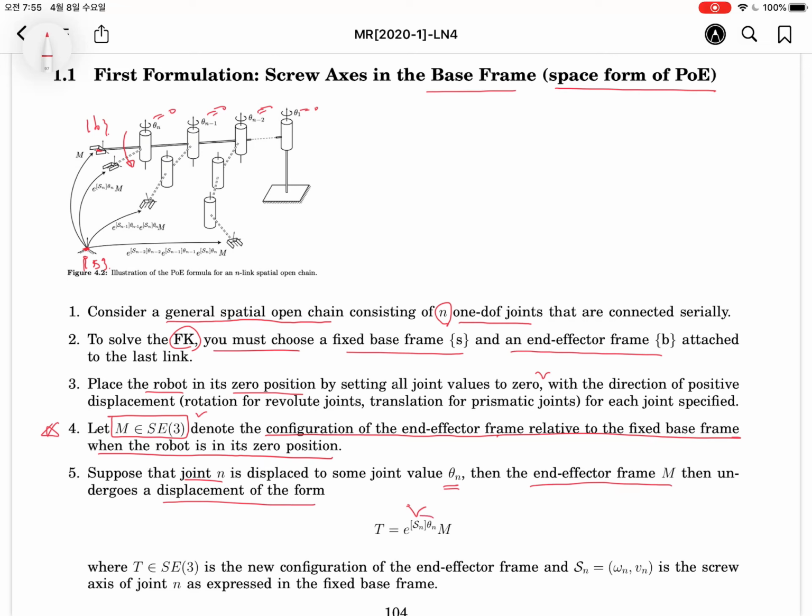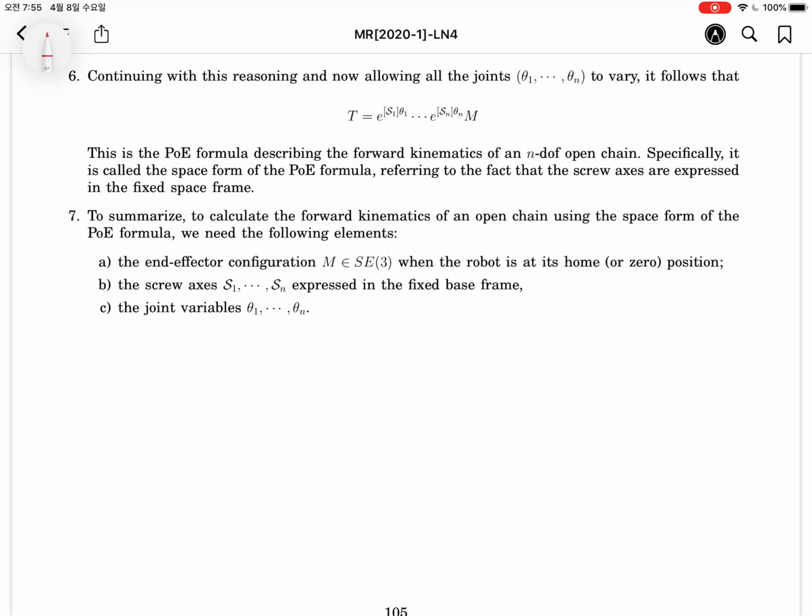That will be applied as a pre-multiplication of M. This will make the translational motion and the rotational motion about the M matrix.